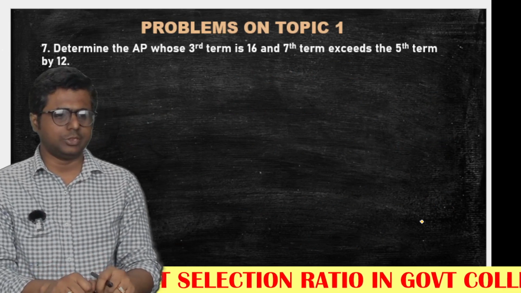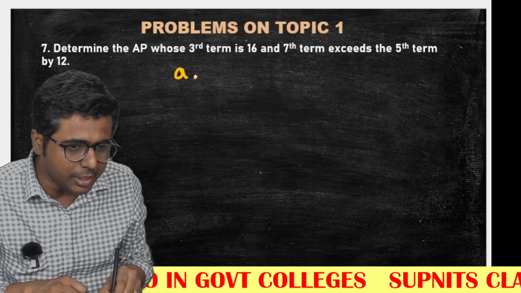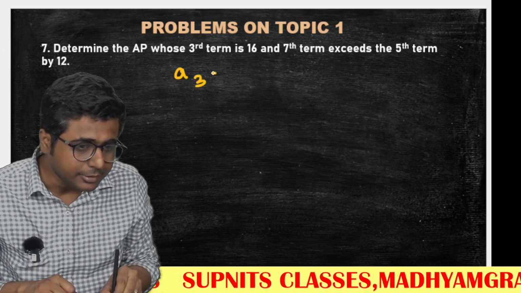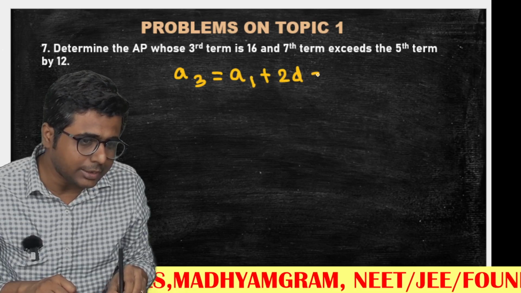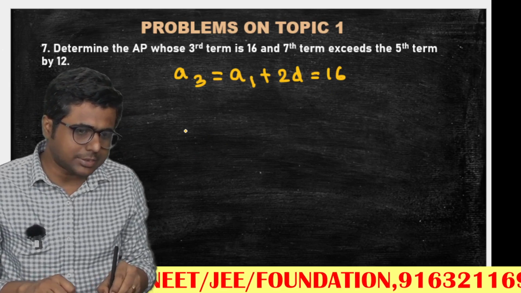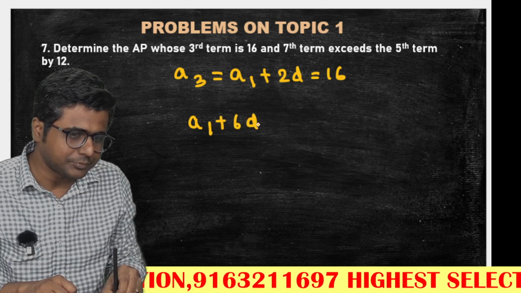Determine the AP whose third term is 16. Okay. So I will write down the third term. Third term is basically A1 plus 2D, and that is 16. Okay guys. What about the seventh term? Seventh term means basically A1 plus 6D.